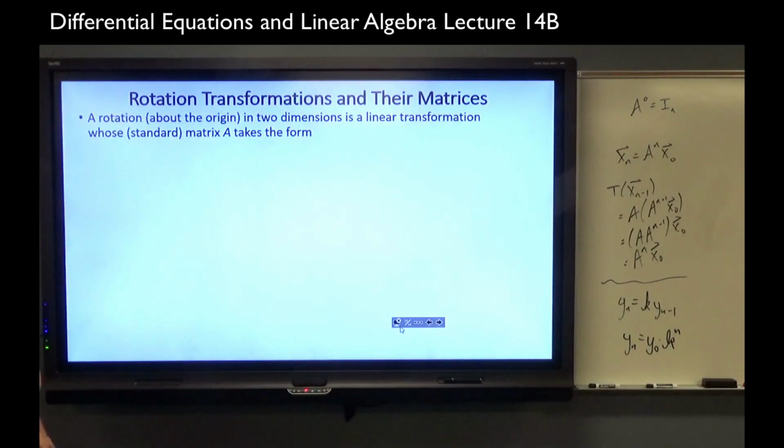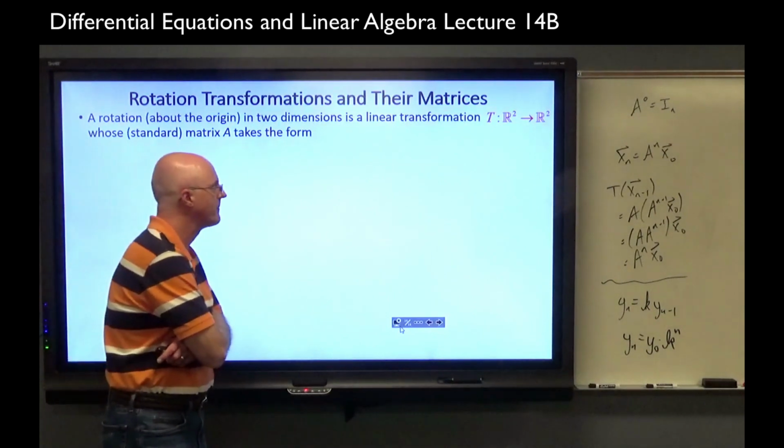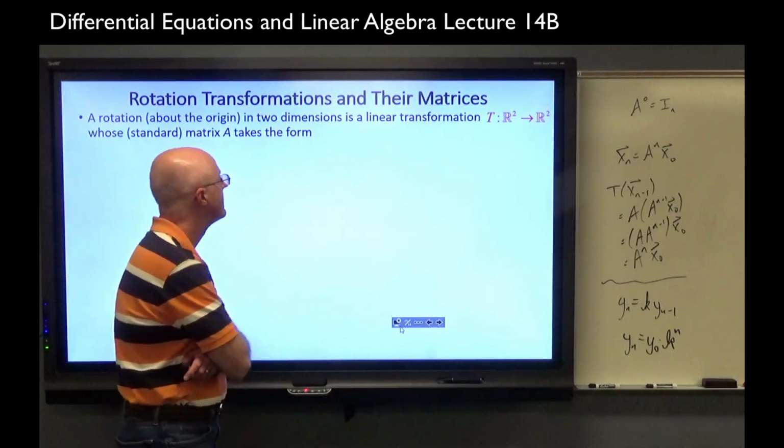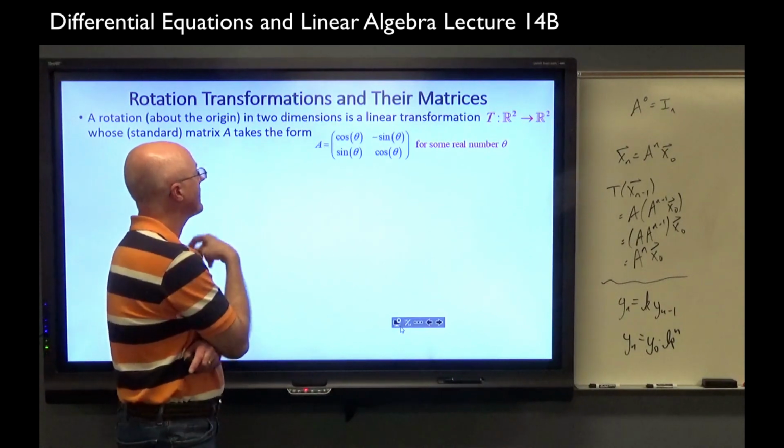How about rotations? This is our last slide, but I want to show you a little Mathematica too. Rotation about the origin in two dimensions is a linear transformation whose matrix takes this very special form. You ready? That one right there.